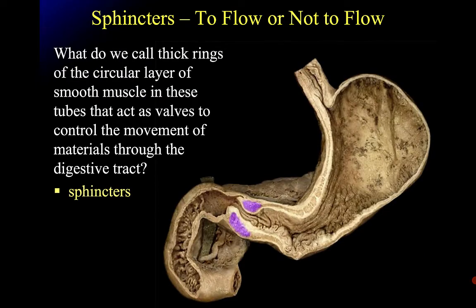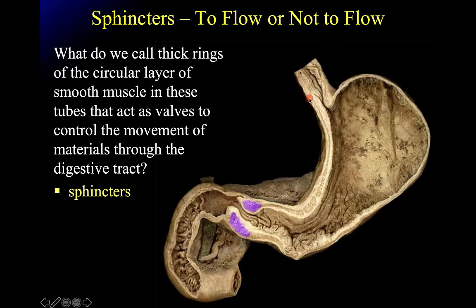So if we think about movement of objects from one location to another, it might actually be helpful to be able to control that movement. And we do have numerous valves, or what we refer to as sphincters, along the path of our alimentary canal. So these are thick rings in that circular layer of smooth muscle, usually something we can feel, like in the case of this pyloric sphincter, as being thicker than any surrounding muscle, and it can squeeze that little area off, in this case controlling the movement of food from the stomach down into the duodenum, the first or proximal section of the small intestine.